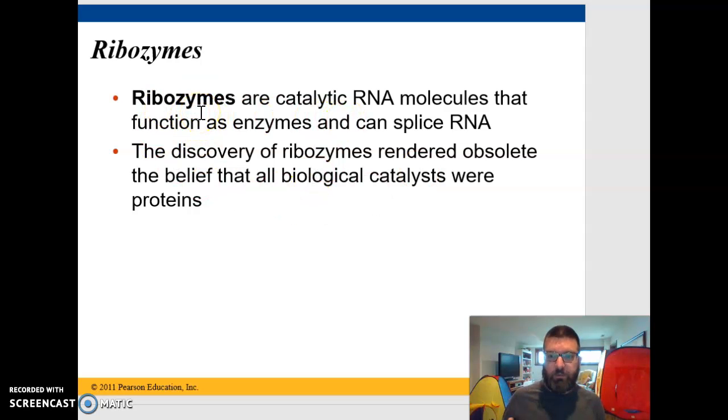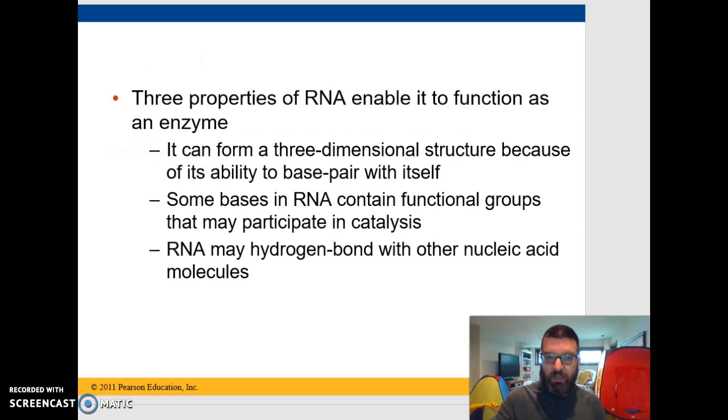And this is a big deal because up until this discovery, scientists generally thought that all enzymes were proteins. And this now means that RNA does a bunch of jobs, right? It can not only deliver the information from the DNA, and we'll talk about some other jobs later, but it also can form these three-dimensional structures because it can pair with itself.